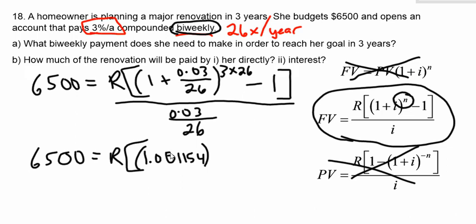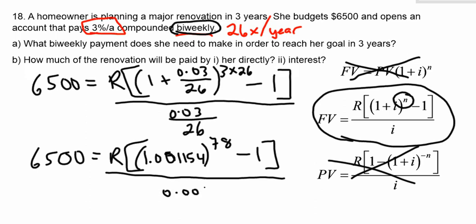That's a 0, it sort of looks like an ugly 6, so let me make sure. So that's what's in the bracket. My next step is going to be the exponent. 3 times 26 is 78. So that's 78 minus 1. And then all of this is divided by 0.03 divided by 26, which is 0.001154. I've seen that already.